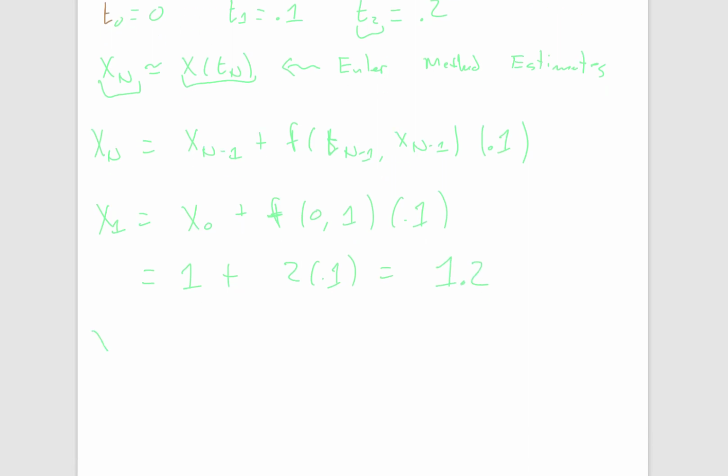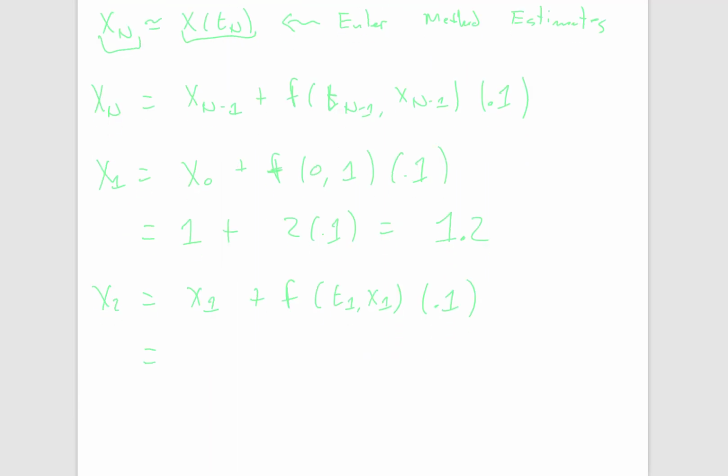So then x2 is x1 plus f of t1, x1, times 0.1, because that's h. t1 is 0.1, x1 is 1.2, and we're multiplying this by 0.1.